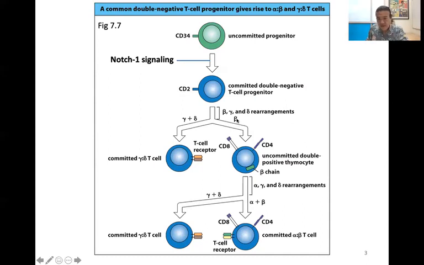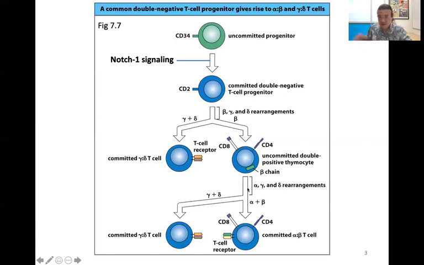However, we said if the RAG oven mitts succeed in making a beta chain that works, then the thymocyte is on its way to becoming an alpha beta T cell. Right? So at that point, the thymocyte starts making both CD8 and CD4 because it has no idea what it's going to become. But it wants to have those co-receptors ready, because those co-receptors will help it make its ultimate decision which way it wants to go in the end.